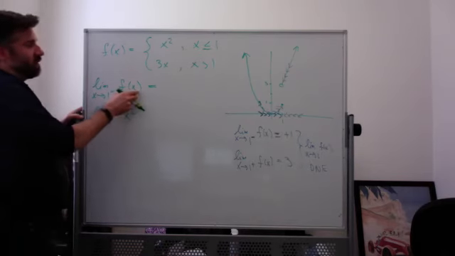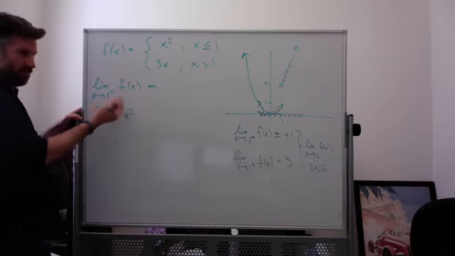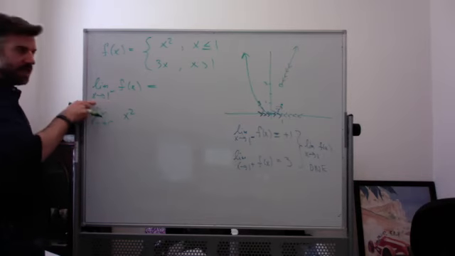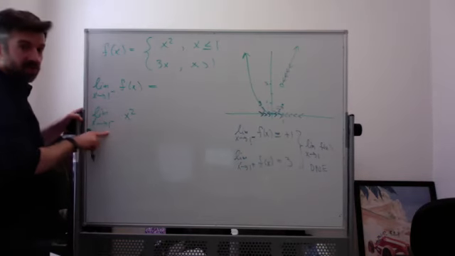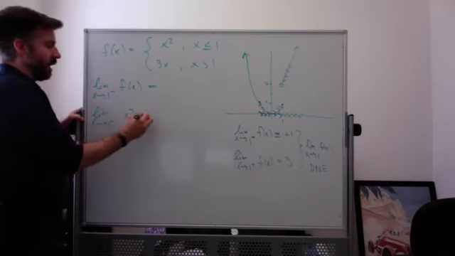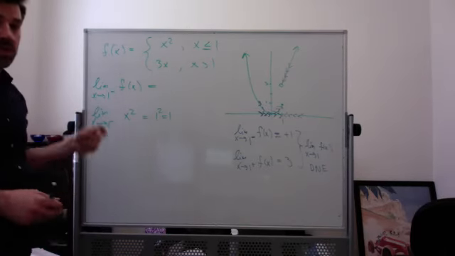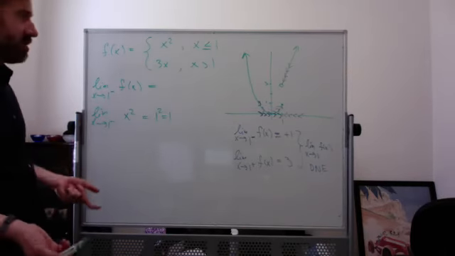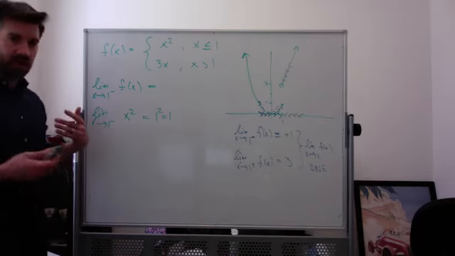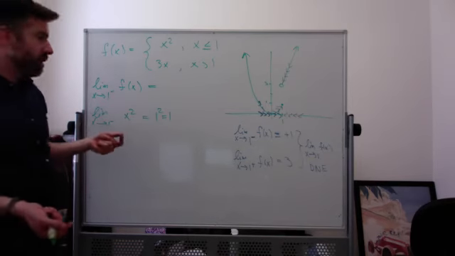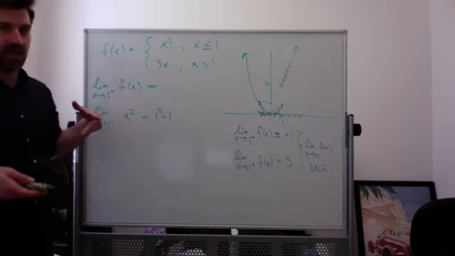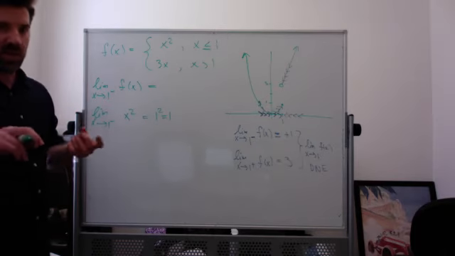So I'm just replacing the function with the piece of the function that is in the domain that makes sense. And then I can just use the evaluation idea and plug in 1 for x and get 1 squared, which is 1. You shouldn't be plugging in something that is less than 1, like 0.9 or 0.999, whatever, but you actually want to plug in 1 because again, we're not trying to see what value we are almost.